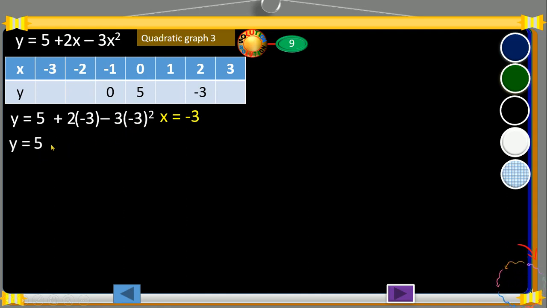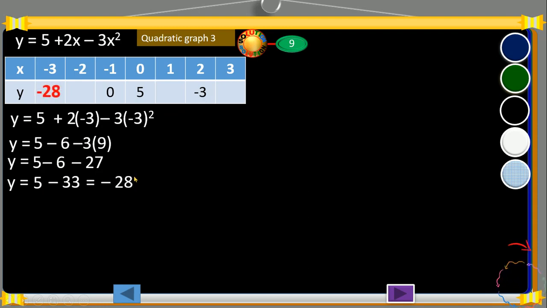This gives us 5 minus 6, and this is 3 times 9, which is minus 27. On further simplification, that gives us 5 minus 33, which is equal to minus 28. So when x is minus 3, y is minus 28.